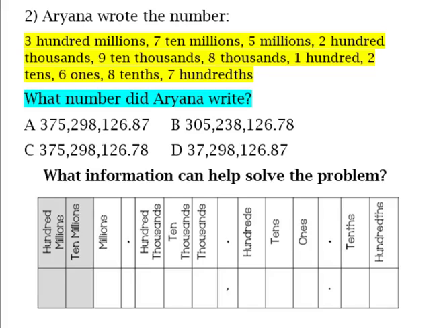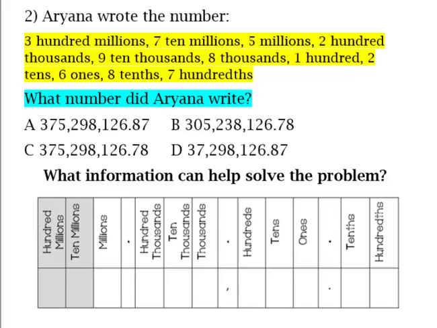So let's find out what information can help us solve this problem. We have our place value chart, and we have all of the columns all the way up to 100 millions. And again, we also need the numbers that we have up at top.